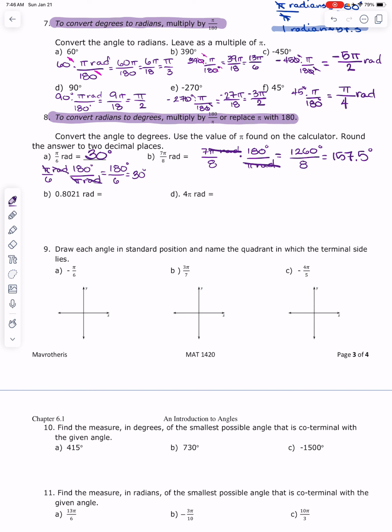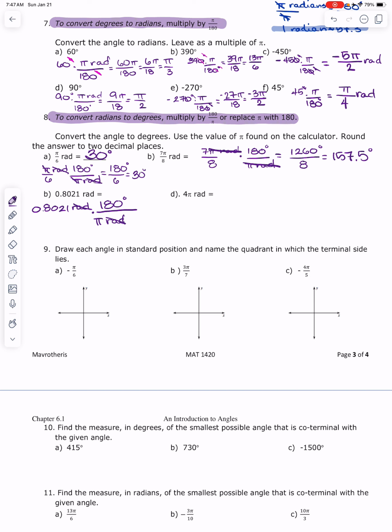Here, we don't always have nice and neat angles in radian measures. So I have a decimal, 0.8021 radians. Again, I am including that unit because I want to make sure that I multiply in the right direction. Apparently I can't talk and write at the same time. I'm going to start by putting pi radians in the denominator because I want those radians to cancel. If I have pi radians in the denominator, I need my 180 degrees in the numerator. 180 degrees is pi radians.